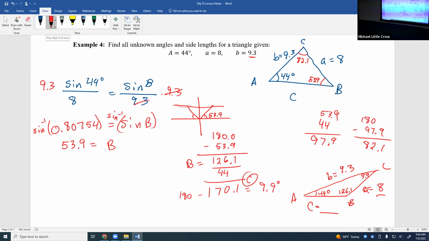Okay. So go back to blue, finding this measurement here. Since now we know the angle and we're looking for the side, let's go ahead and flip this. This is the sine of A, right? So sine of 44 degrees with the little a side here, 8, over little c over the sine of 82.1.